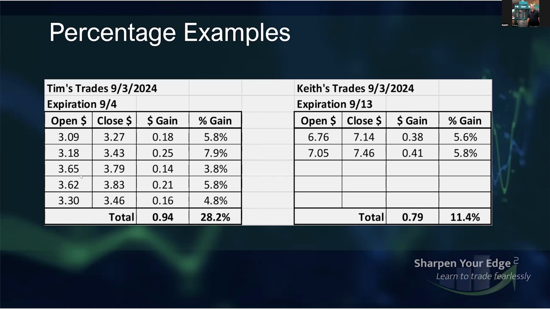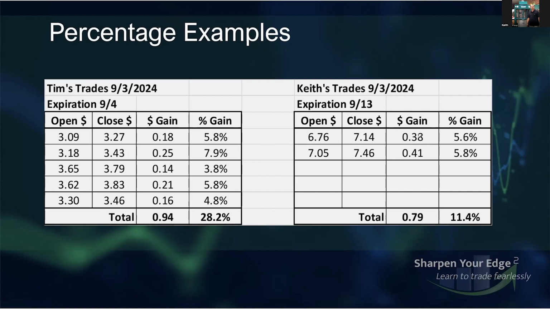And Tim, I think, trades about 100 contracts, so his is going to be up about what, $30,000 for his trades if he's trading 100 contracts. So that plays into the dollar amount gain. Tim talked about that this morning.